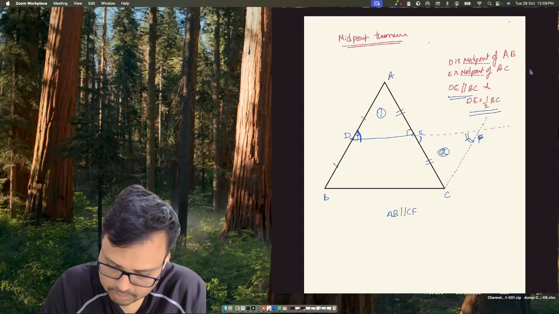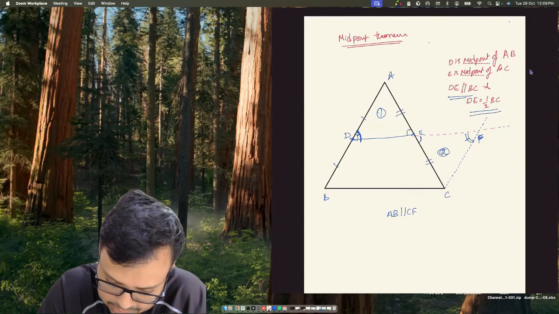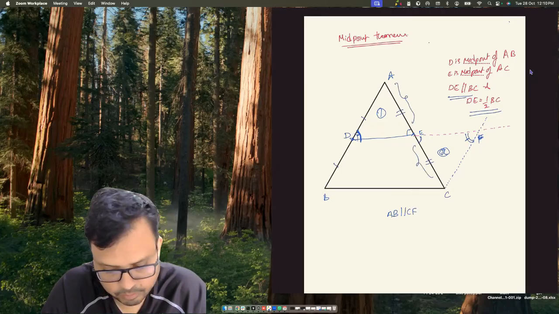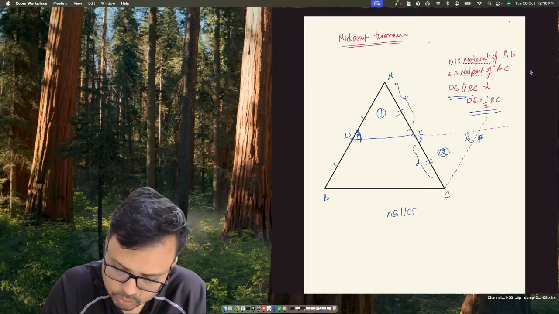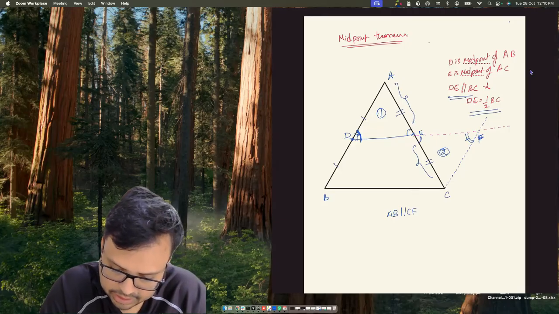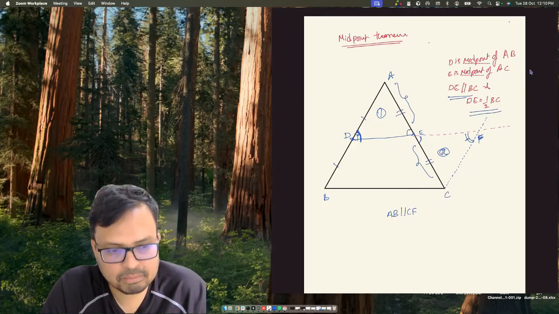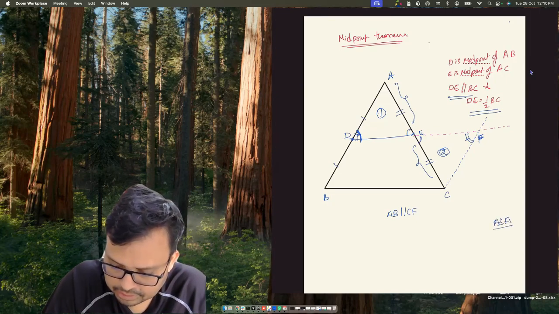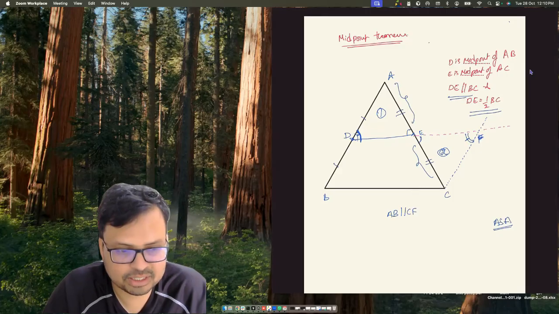We also know that E is a midpoint, so AE in this triangle is the same as EC. So we have two angles which are the same and one side which is the same, but as per ASA, the side has to be the included side.